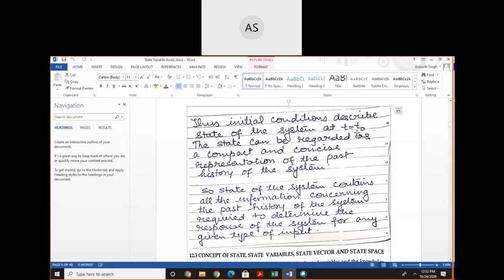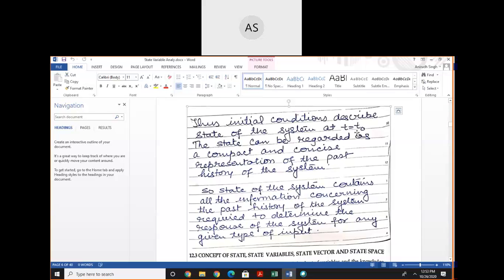And thus initial conditions describe the state of the system at t equal to t naught. T naught may be 0, or anything. State can be regarded as a compact and concise representation of the past history of the system.